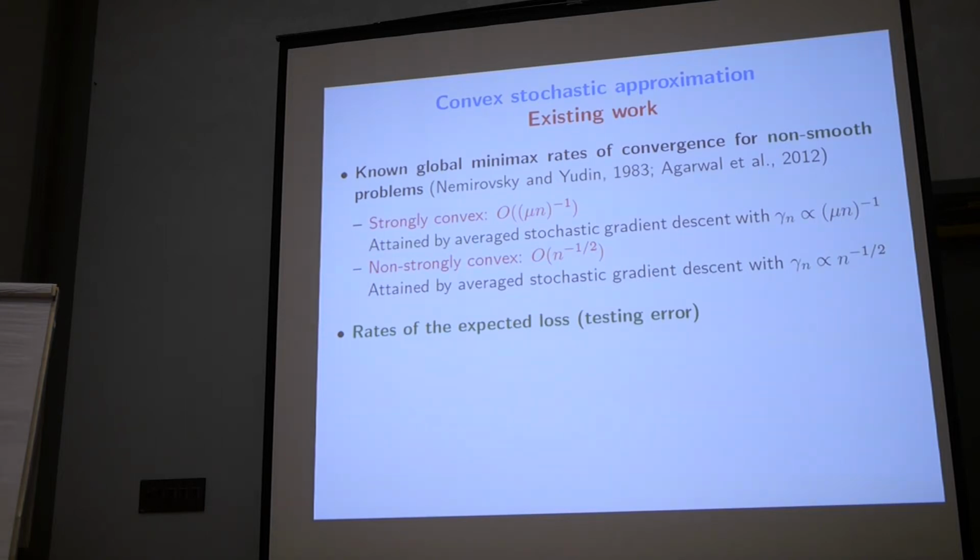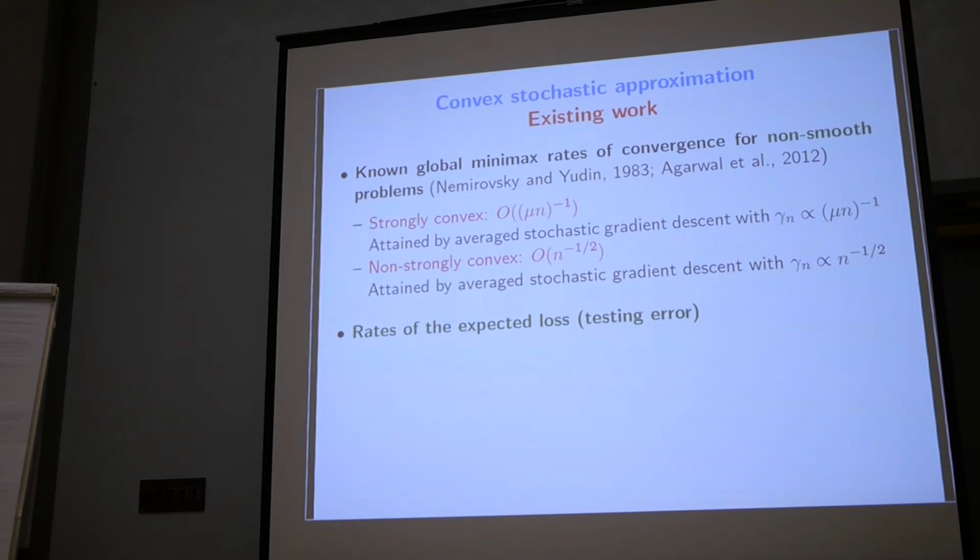Essentially, like for deterministic optimization, the key quantity of interest that will characterize and measure the hardness of the problem is also strong convexity. And now the rates are 1 over n mu if you are strongly convex, and it goes down to 1 over root n if you're not strongly convex. So here, maybe the most important aspect of the talk, is that those rates are on the expected loss, whereas an optimization rate will be on the training loss.